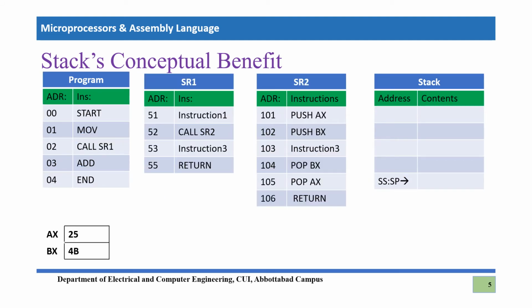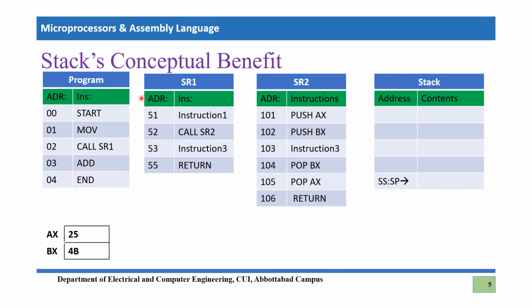Okay, in this slide we are going to take one more example of how the stack is filled using different subroutines within the main program. In this diagram we see 4 different portions. The left side portion is our main program.